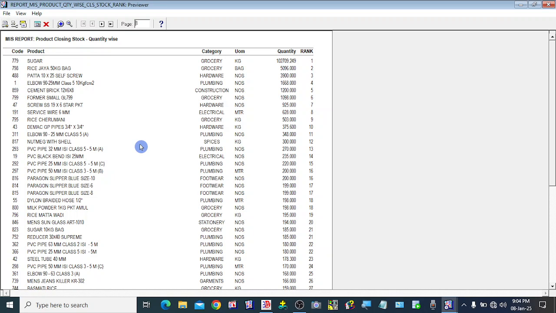And if I am comparing my assets, we can very easily identify in which category or which product I have invested much of my assets, with the help of this product wise closing stock quantitative summary.